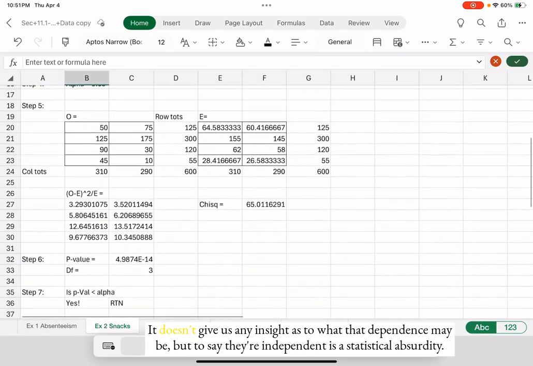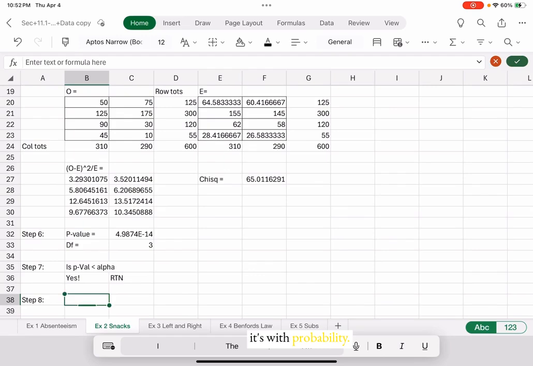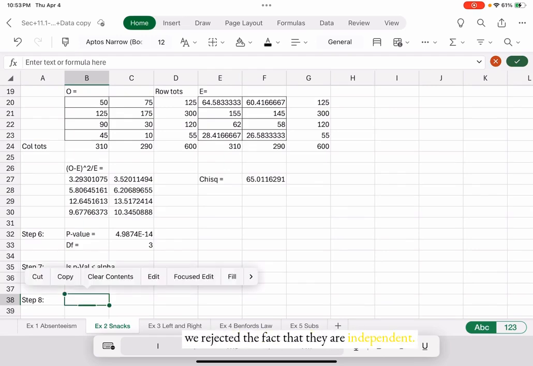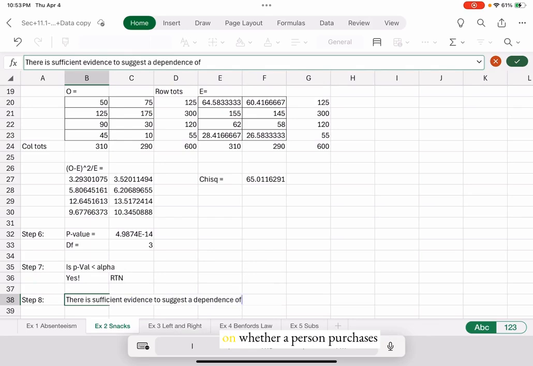It doesn't give us any insight as to what that dependence may be, but to say they are independent is a statistical absurdity. It's with probability 4.9 times 10 to the negative 14th. We rejected the fact that they are independent. There is sufficient evidence to suggest a dependence on whether a person purchases snacks and the movie they see.